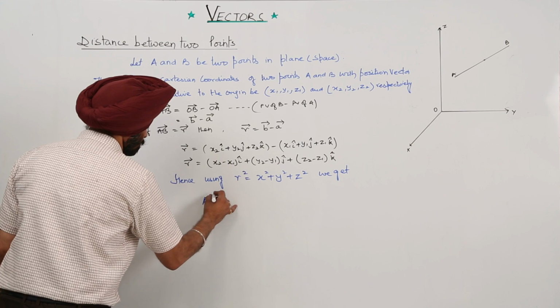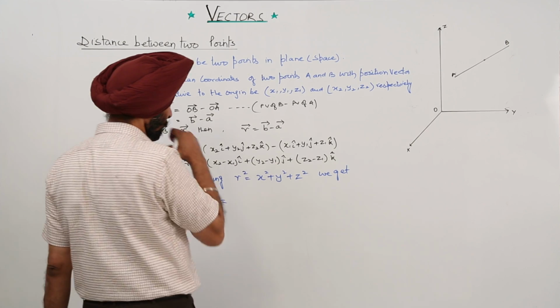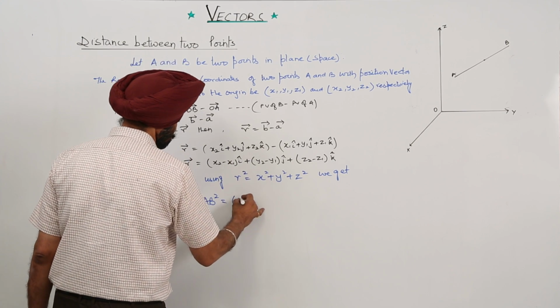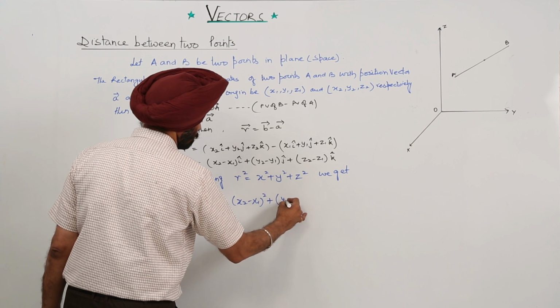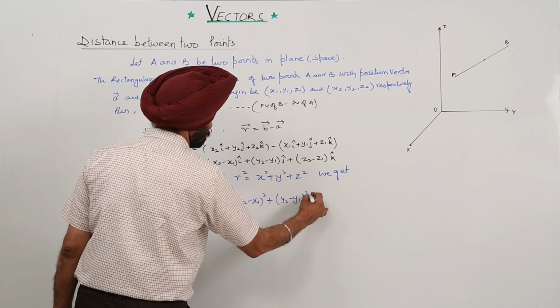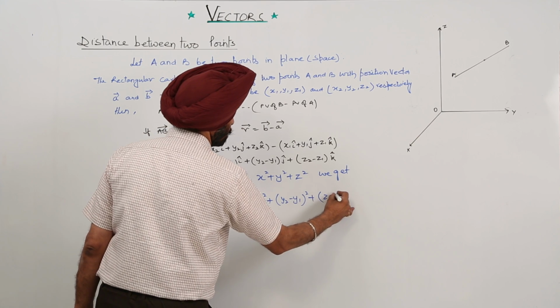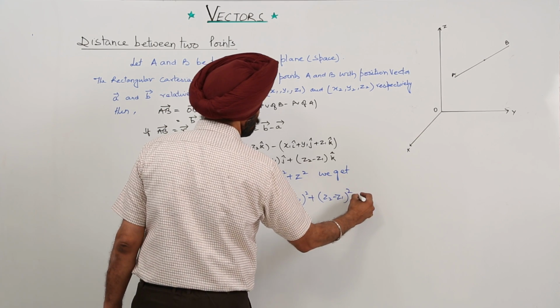AB square is equal to x2 minus x1 whole square plus y2 minus y1 whole square plus z2 minus z1 whole square.